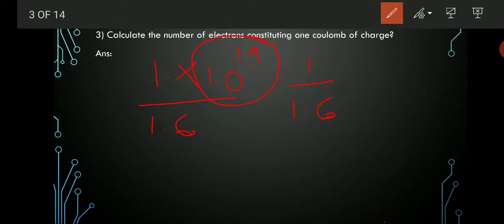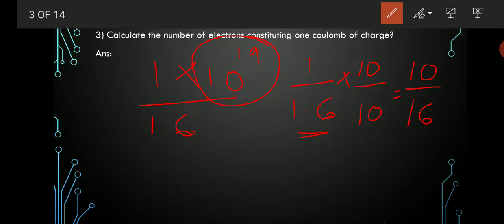Just divide these two terms, that is 1 by 1.6. Before we divide the number, we can avoid this decimal by multiplying 10 to both numerator and denominator. So it becomes 10 by 16, right? That is 1 into 10 is 10 and 1.6 into 10 is 16. Now it became easy to divide the number.